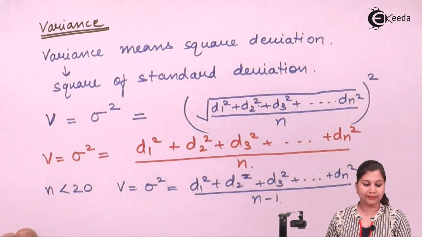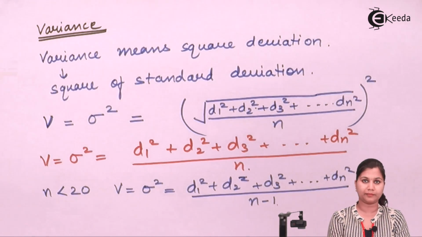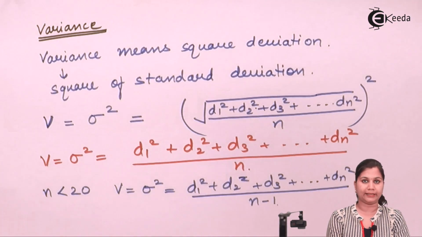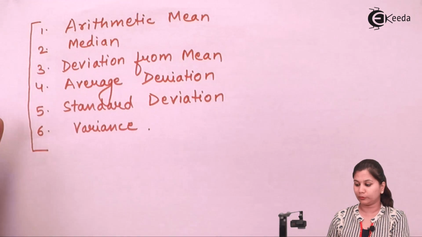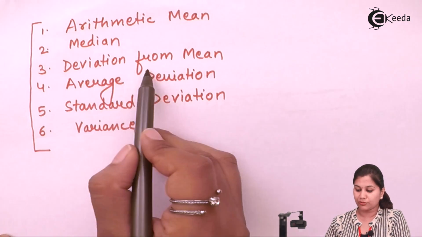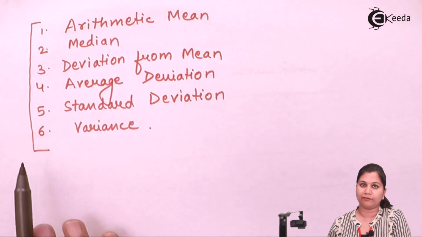So we have seen that in statistical analysis we do some mathematical analysis of the data, and while doing that we calculate these terms: arithmetic mean, median, deviation from mean, average deviation, standard deviation and variance.